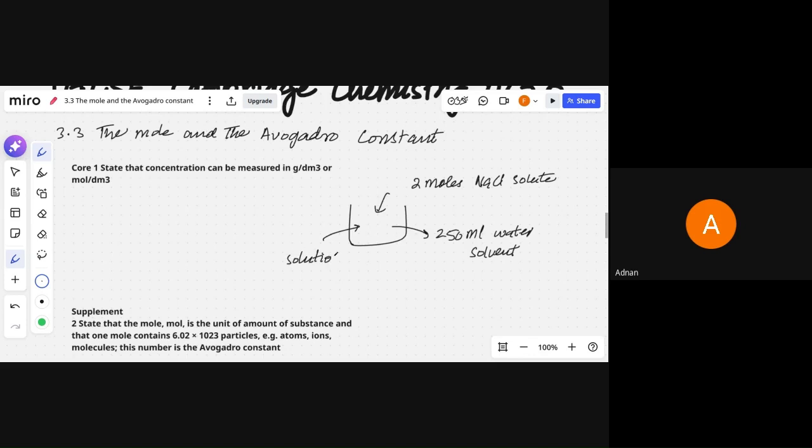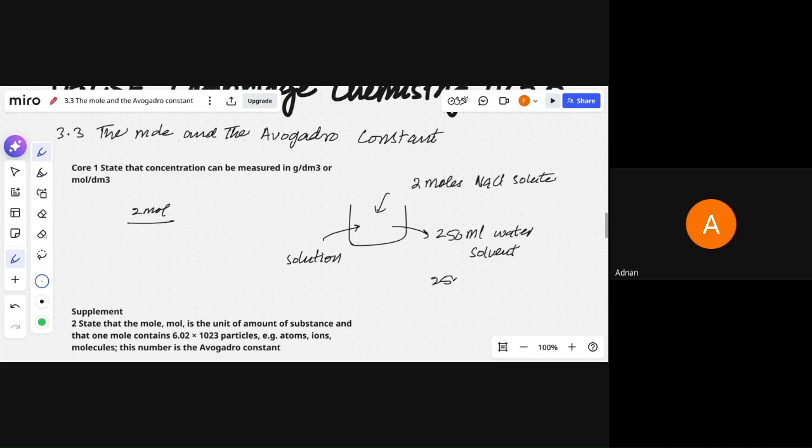Now the concentration can be reported in 2 units. It can be reported in moles per dm cube. So we can say that the concentration is 2 moles divided by 250 milliliters. We have to convert it into dm cube.